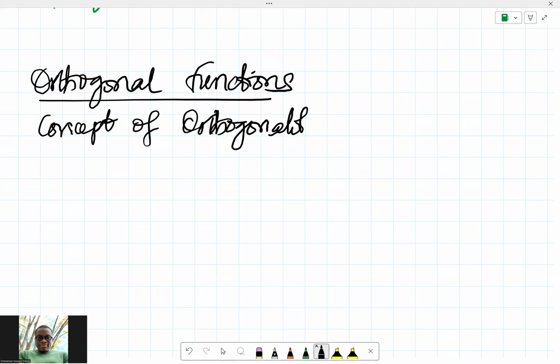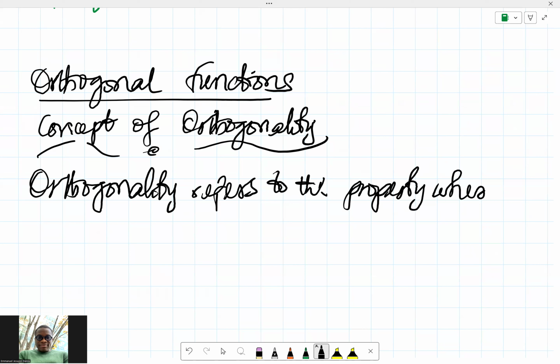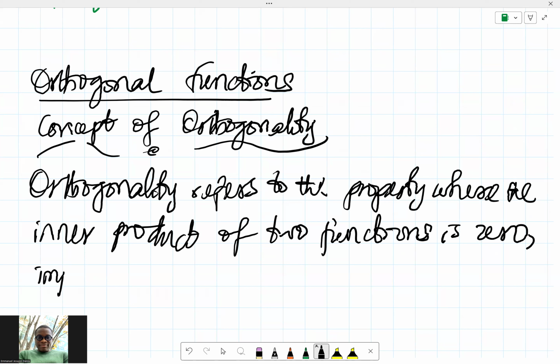Orthogonality refers to the property where the inner product of two functions is zero, implying they are independent.